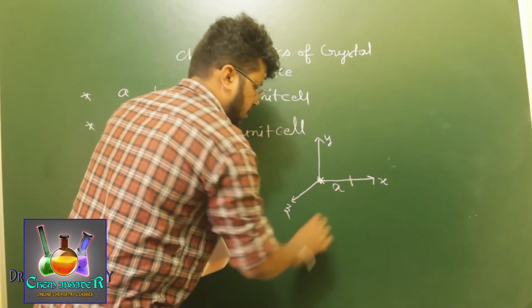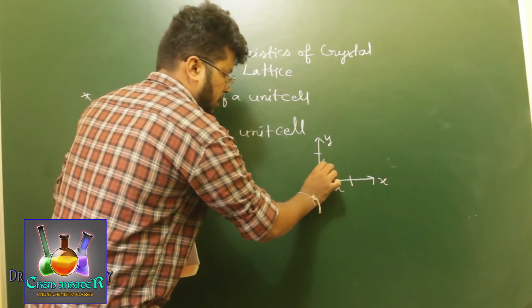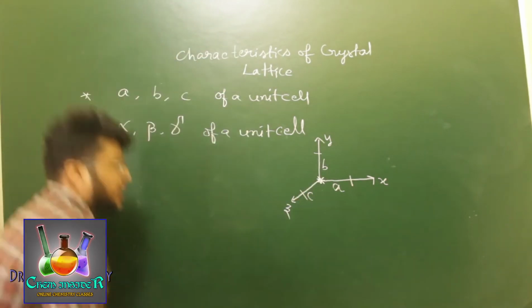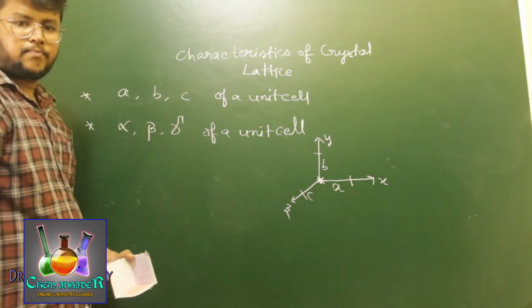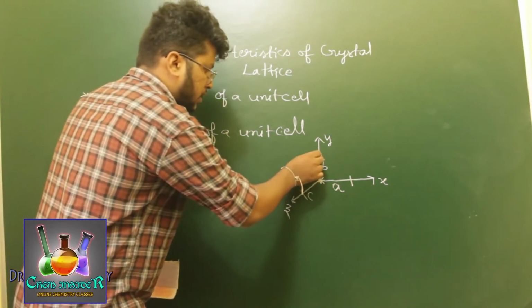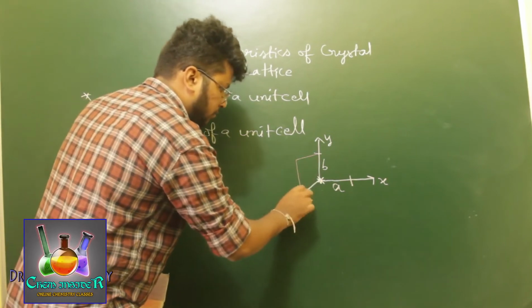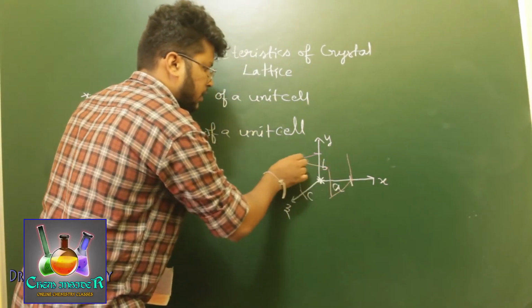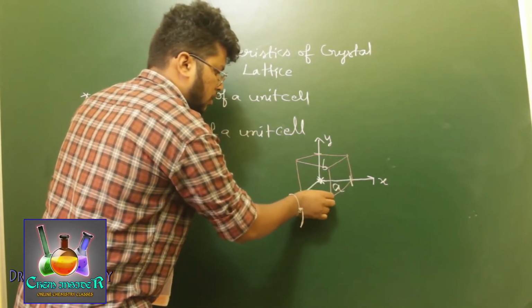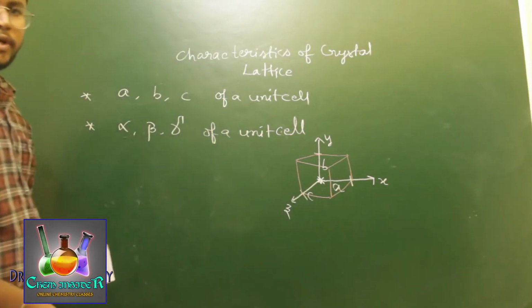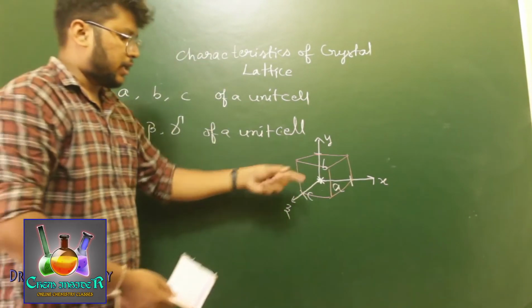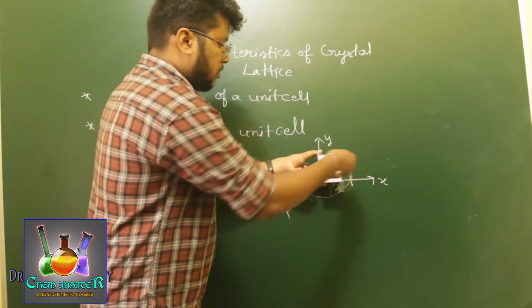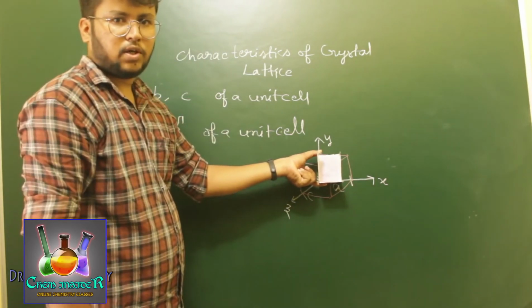So this is the edge length A, this is the edge length B and this is the edge length C. Now if we draw a unit cell along these 3 axes, it will look like this. If we close this, that is the unit cell which we are now going to discuss.